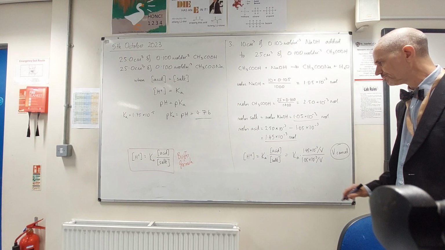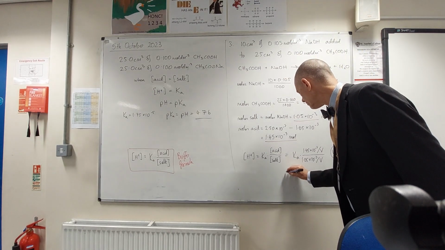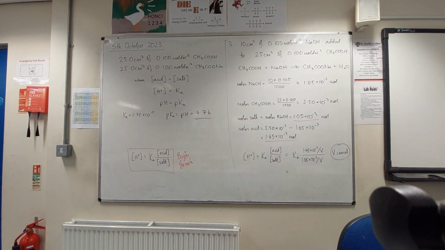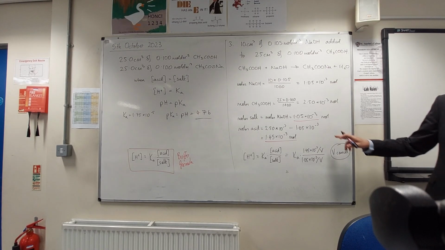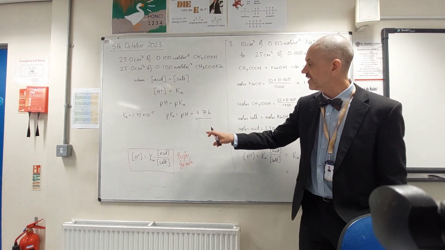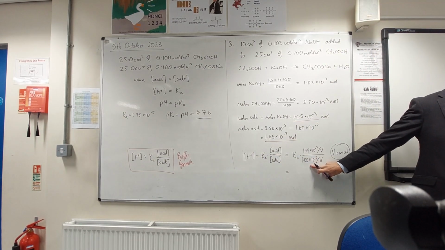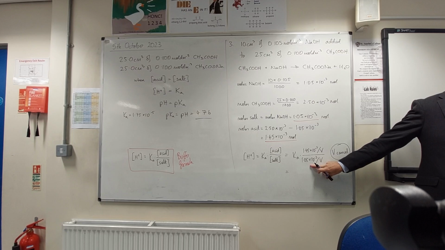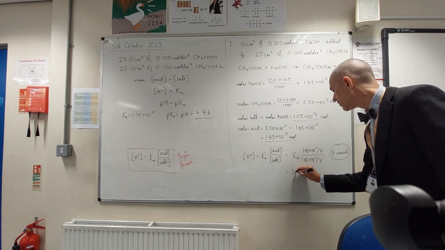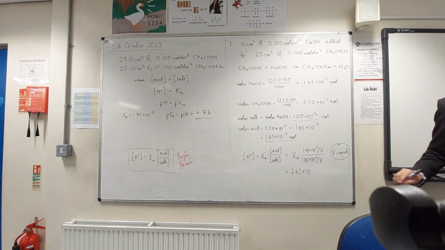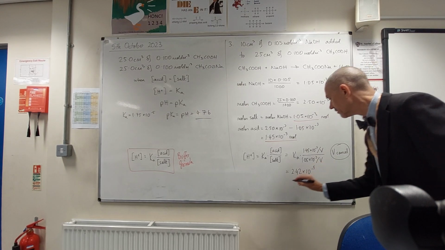It's just going to cancel. So if I times my Ka, 1.75 times 10 to the minus 5, by all of that, that cancels to 2.42 times 10 to the minus 5, and then I hit the log button.